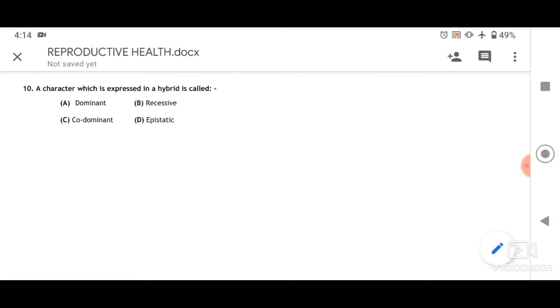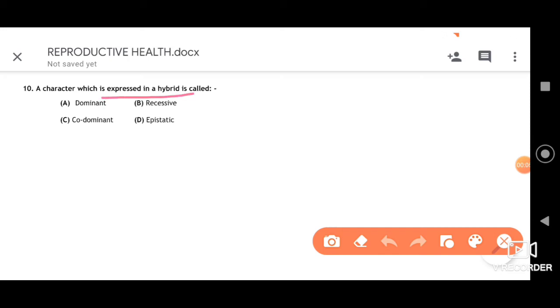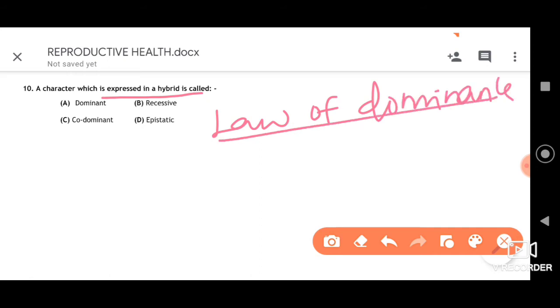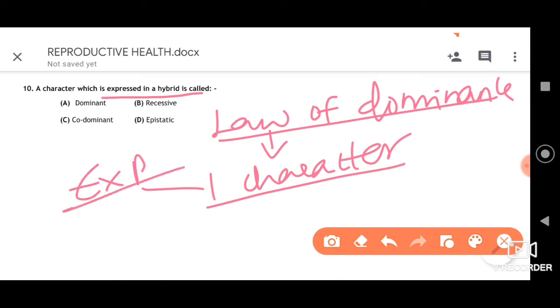10th question: a character which is expressed in a hybrid is called. Yes, it seems to be an easy question. If we consider the law of dominance, in a heterozygous condition, that means a hybrid condition, only one character will be expressed, whereas the other character will be unexpressed.